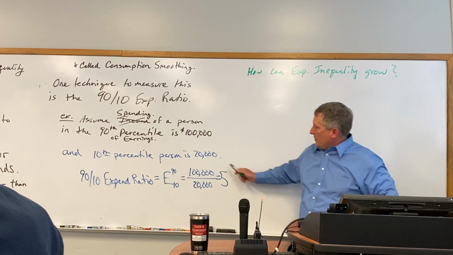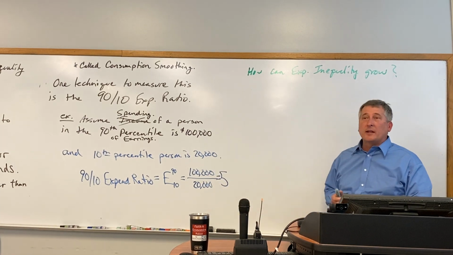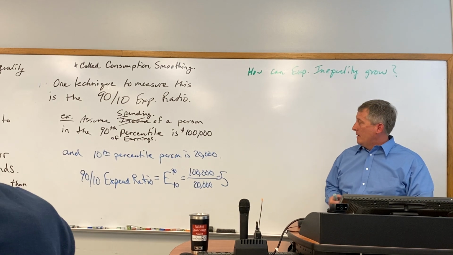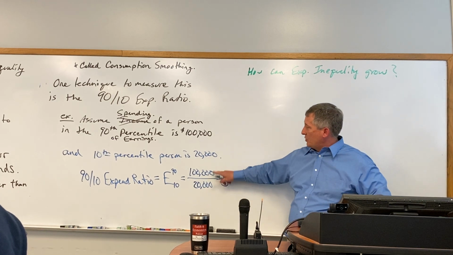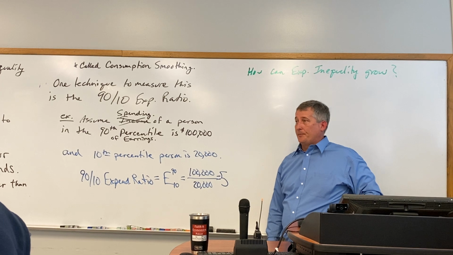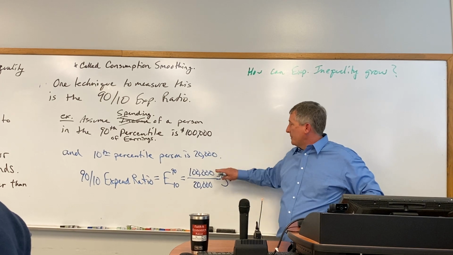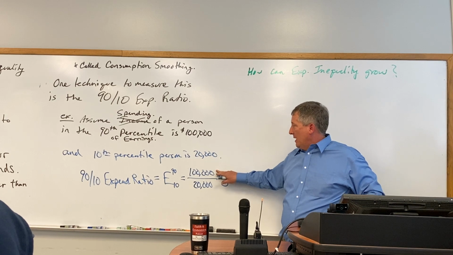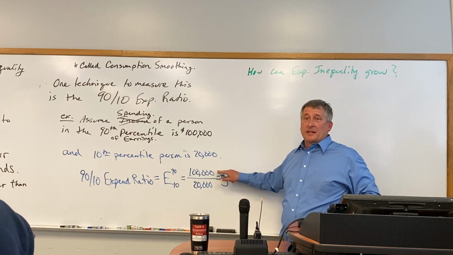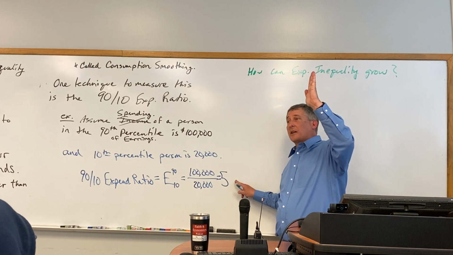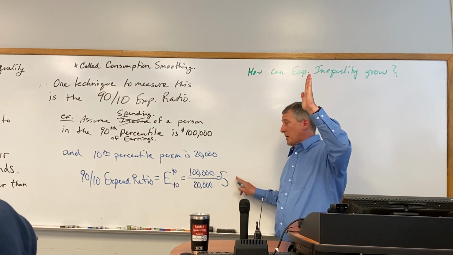How would you make a bigger gap? Which one needs to get bigger? Tim? The top one. So if the top one gets bigger, if this changes to 200,000, then this becomes a 10, right? So inequality is getting worse if that goes up.